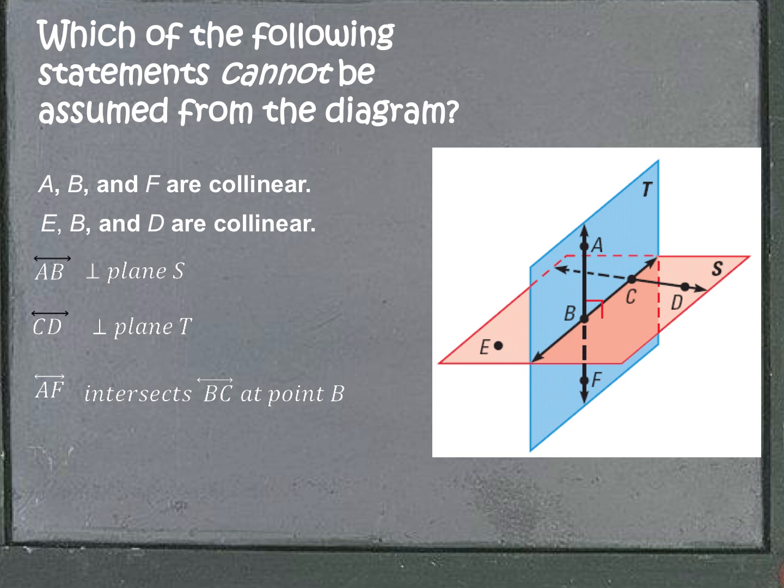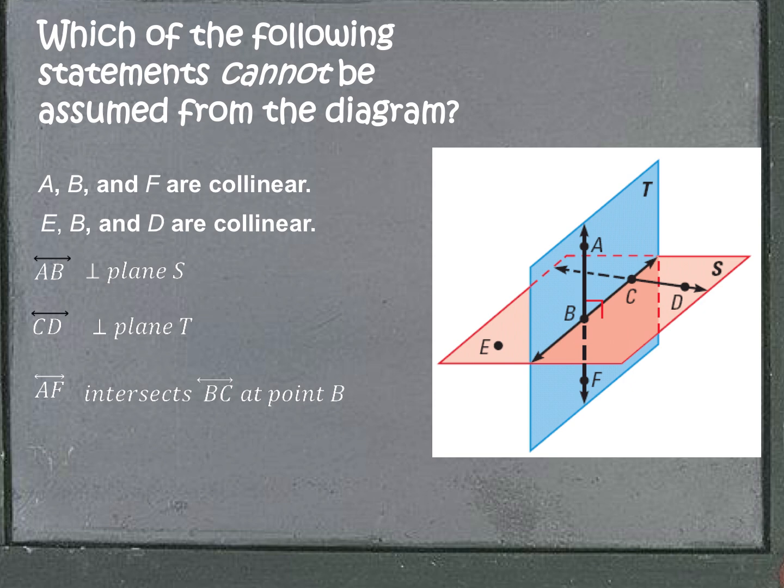E, B, and D are collinear. Line AB, this little upside down T here, make sure you know what that symbol means. That means it's perpendicular. Okay, it means it intersects at a 90-degree angle. So line AB is perpendicular to plane S. Line CD is perpendicular to plane T. Line AF intersects line BC at point B.